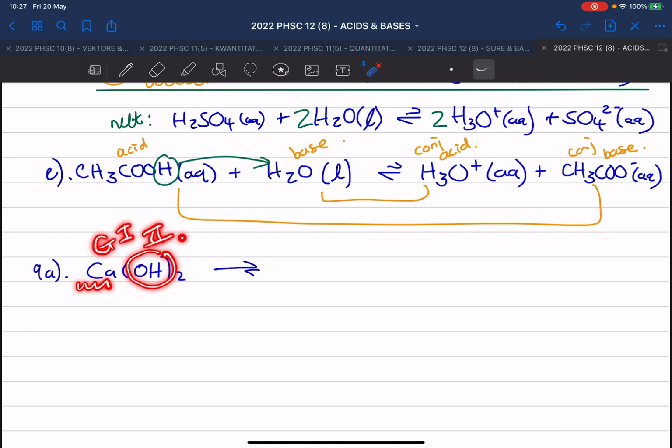This is in group 2, so then it's a strong base. Did you write that down if you didn't know it? Strong base. Lepelo, what is the definition of a strong base? It dissociates completely, to produce.